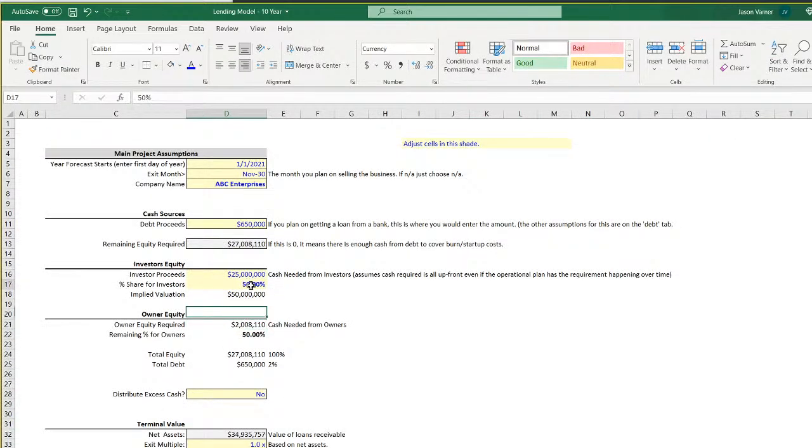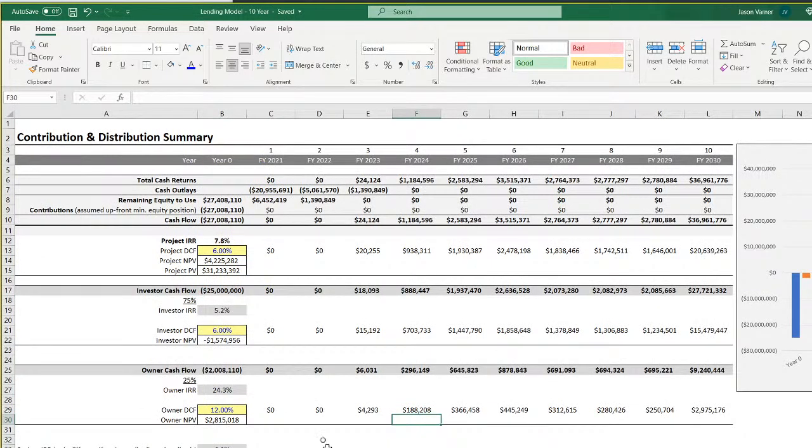Let's say they get 75% of the cash. Now if we go over here, now they're up to 5.2% internal rate of return.